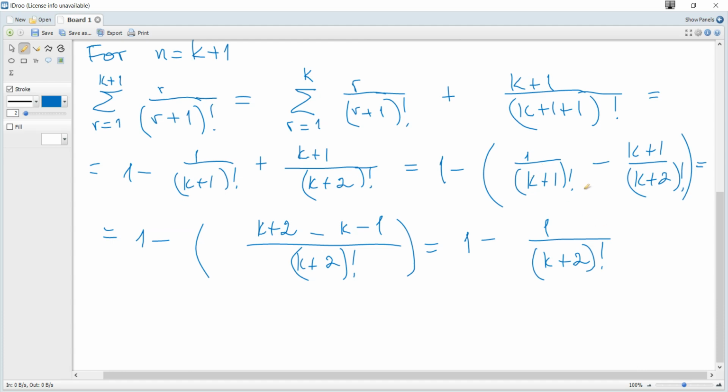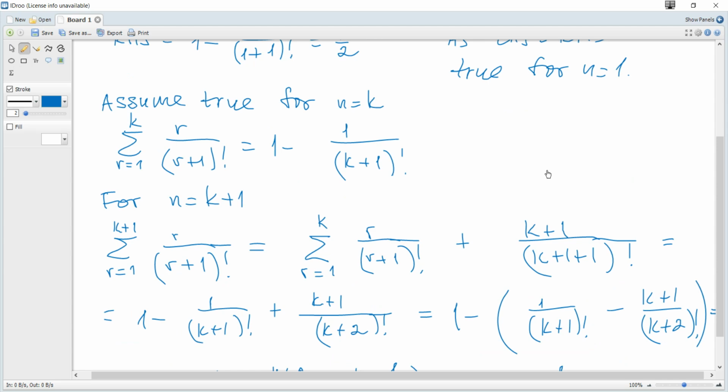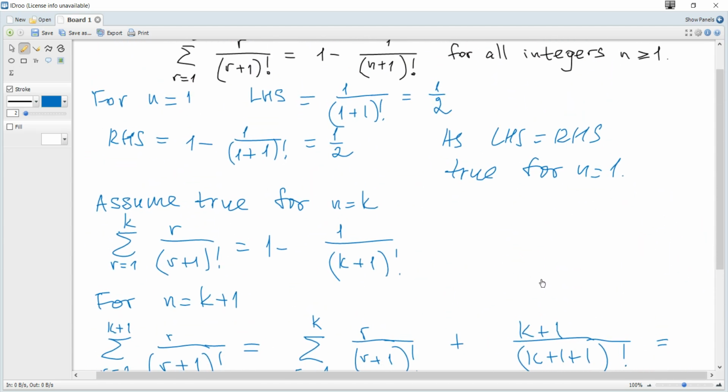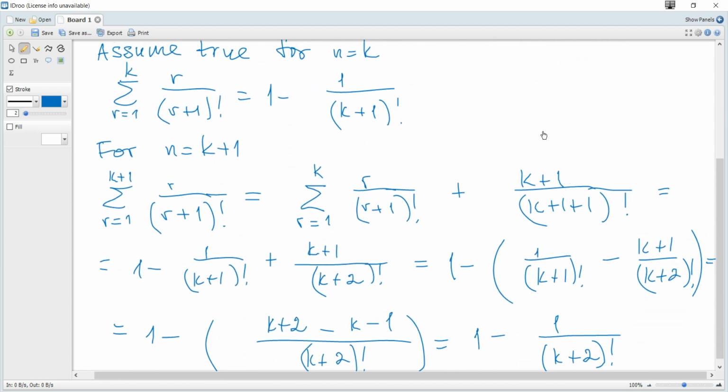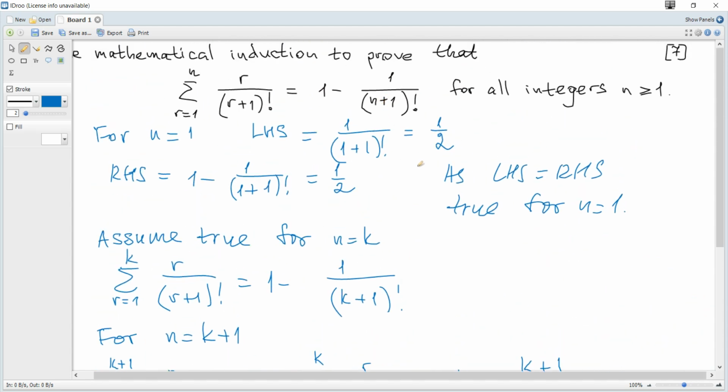It seems to be correct, and let's check, it becomes 1 minus, yes, it's correct. So it is equal to the right hand side when n is k plus 1.